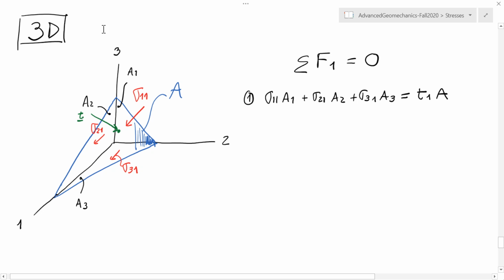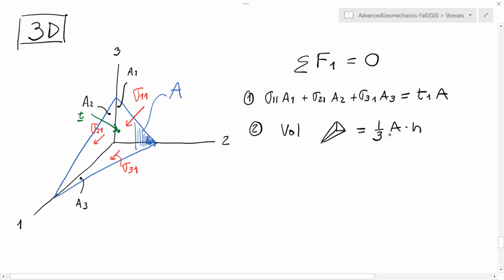In order to utilize the geometry of this volume, we're going to write the following relationships. And this is going to be our equation number 2. The volume of this particular element, I always forget the name of this geometric element, is going to be a third of the product of the base times the height.